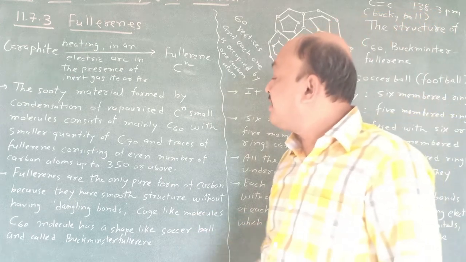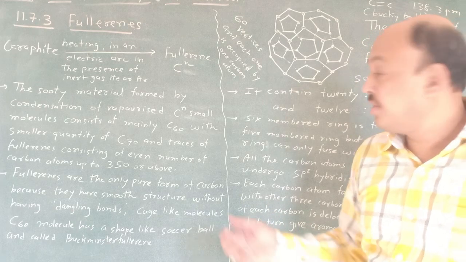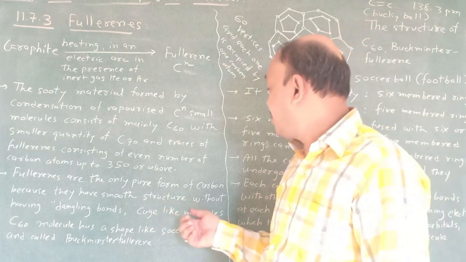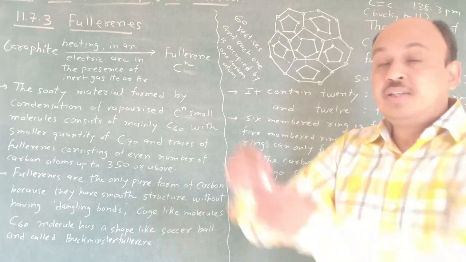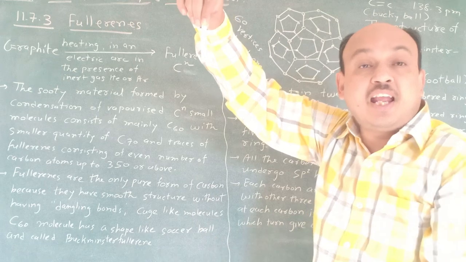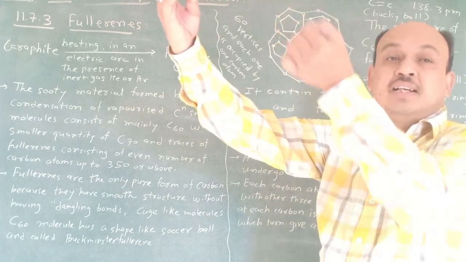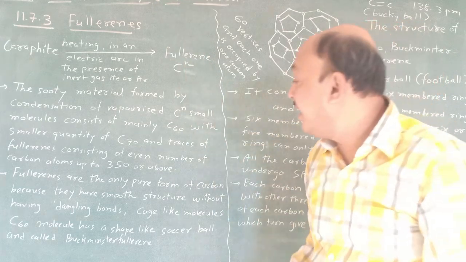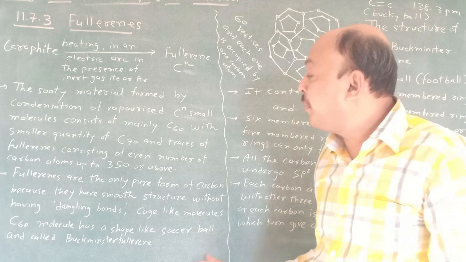Okay. Fullerenes are the only pure form of carbon because they have a smooth structure without dangling bonds. What is a dangling bond? This carbon is attached with a carbon atom, this carbon, it is called a dangling bond. In graphite we consider this carbon and another as a dangling bond. So the dangling bond is not present here. It is a cage-like molecule.